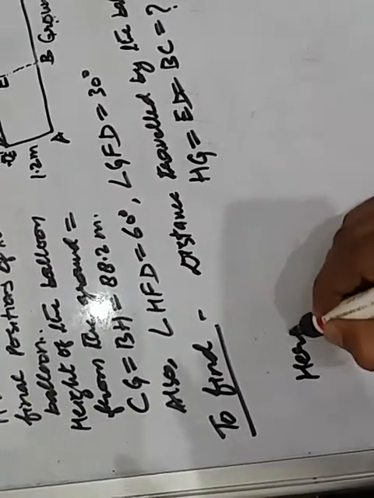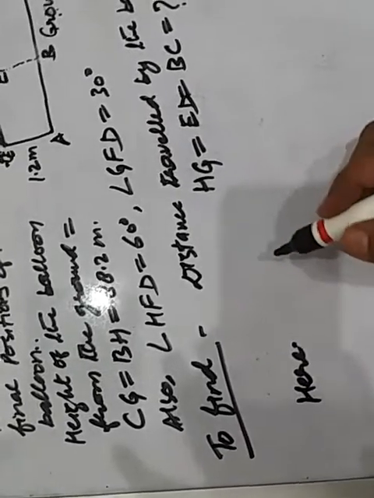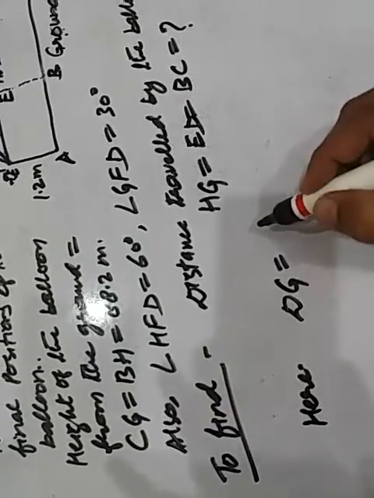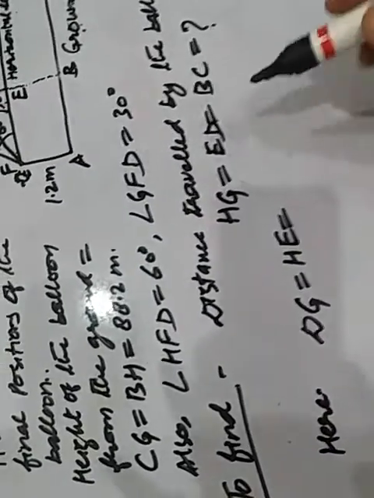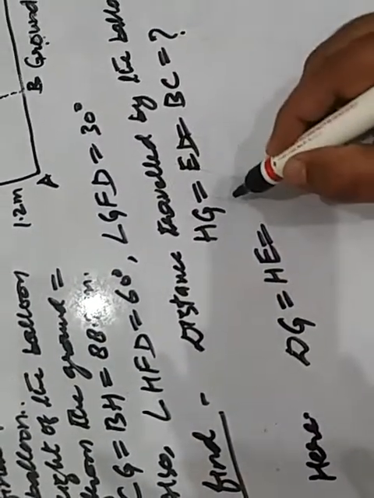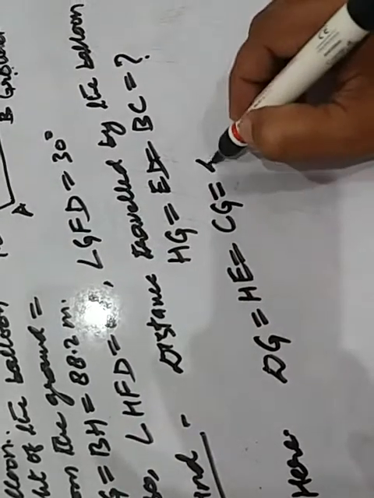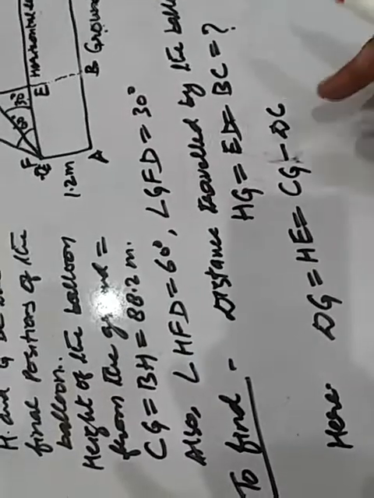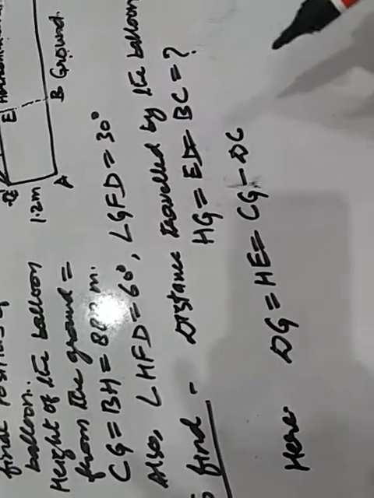Here, say, children, DG equal to HE equal to what? DG equal to HE equal to CG minus DC. Right? Means I want to find out the height of the balloon from the horizontal level.